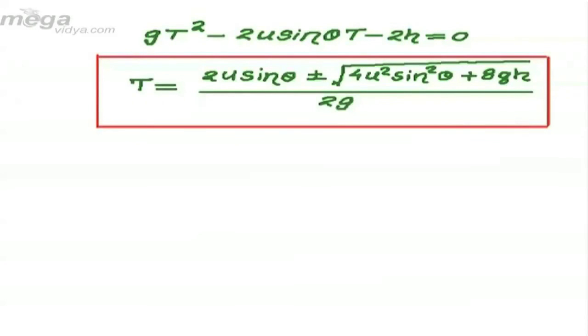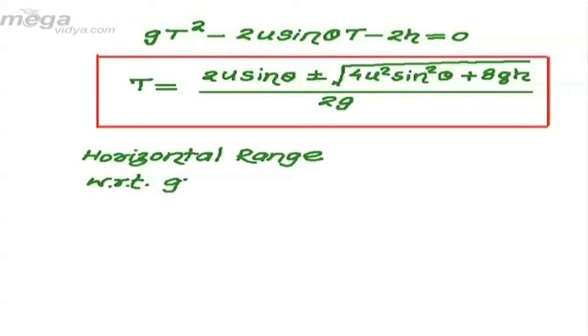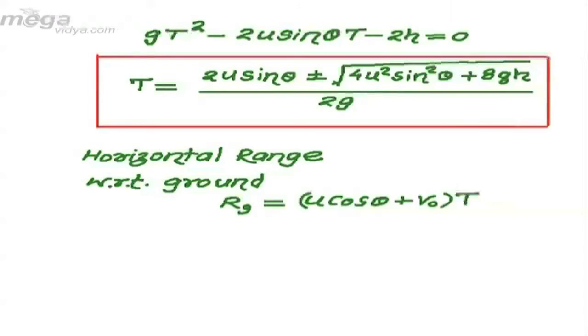Now, once we get the time of flight for the projectile, we can easily find other things like horizontal range. Horizontal range with respect to the ground can be obtained using (u cos theta plus v naught) times the time of flight.